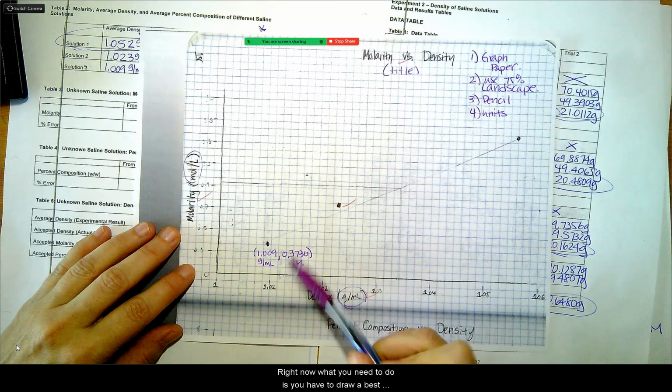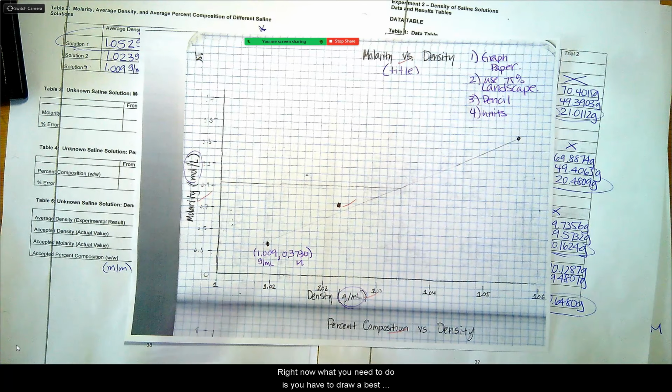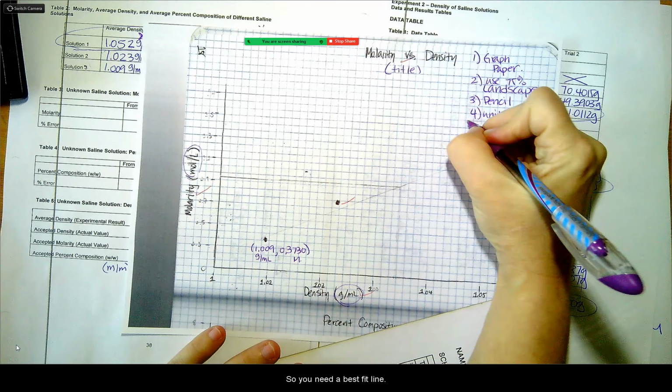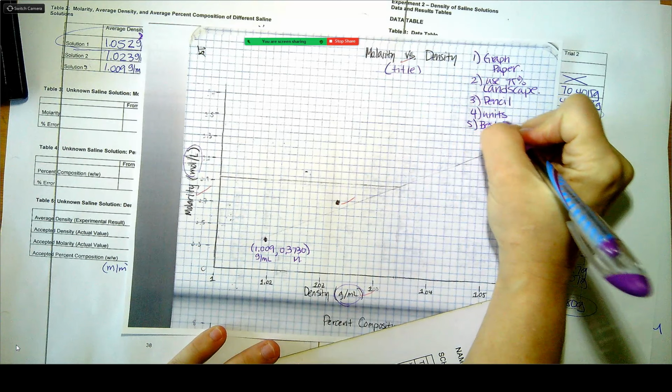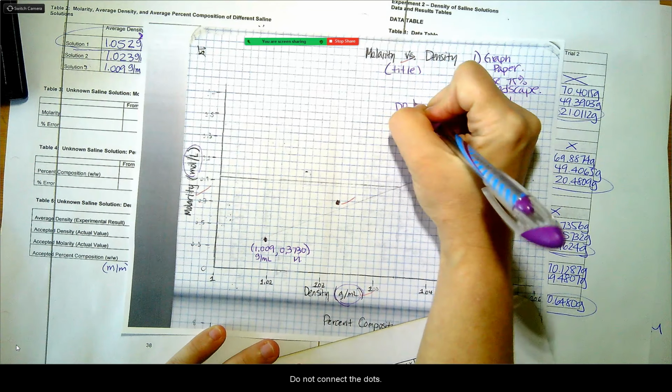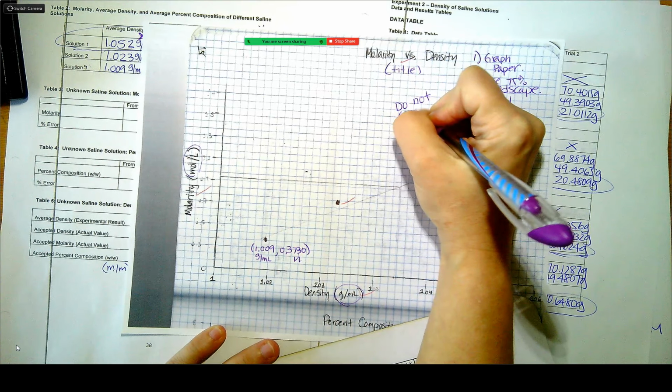All right, now what you need to do is draw a best fit line. To draw the best fit line, you need a ruler, and you don't want to connect the points. So you need a best fit line. Do not connect the dots or your data points.